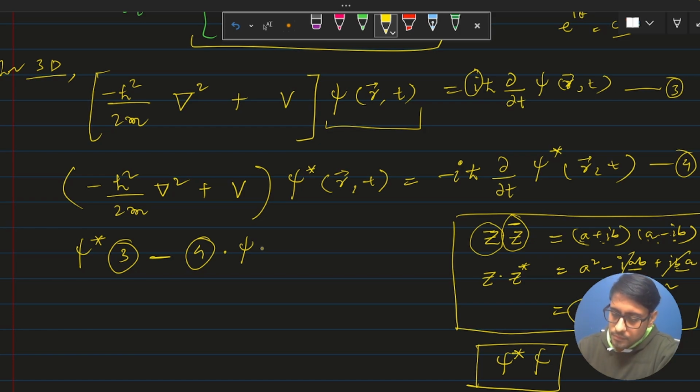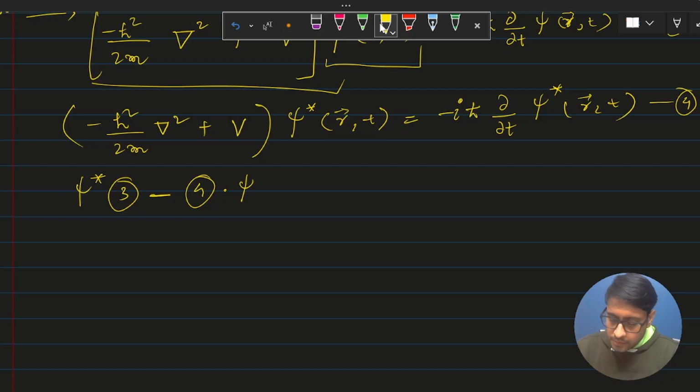Let's multiply the asterisk with this term first. So when you multiply, this will be on the left hand side, like so. Now let's do some algebra by multiplying equation number 3 with the asterisk from the left.